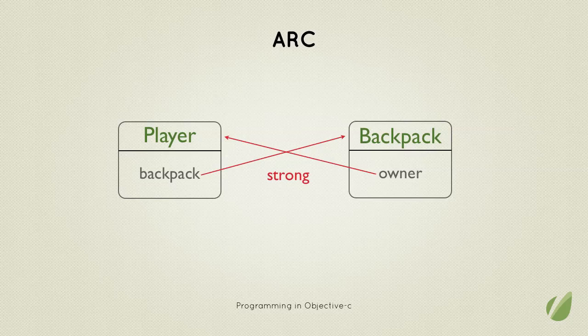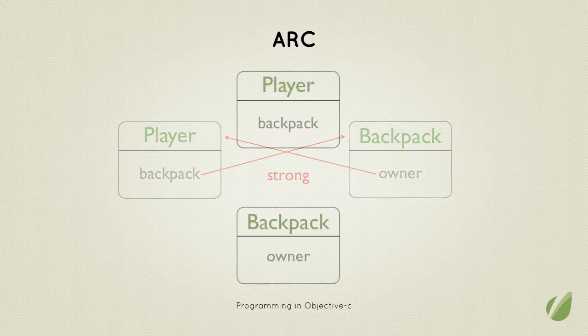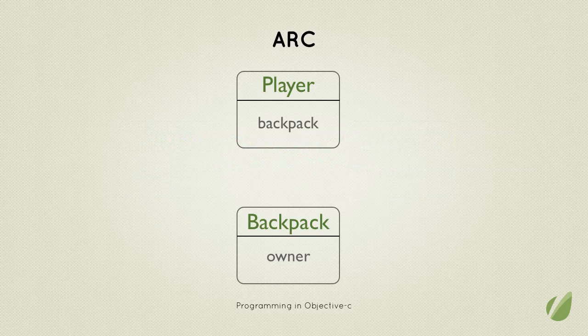In fact, each of the objects keeps the other one alive. This situation is commonly described as a parent-child connection. In this case, a backpack has no meaning without a player, so the player can be considered the parent and the backpack the child.